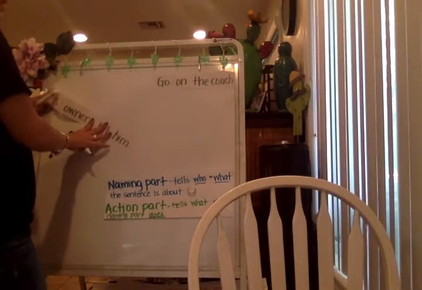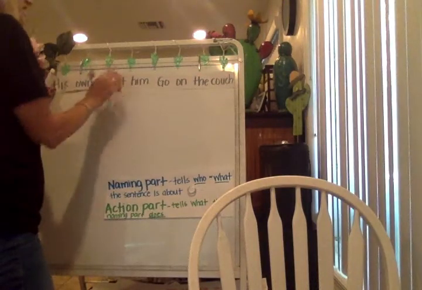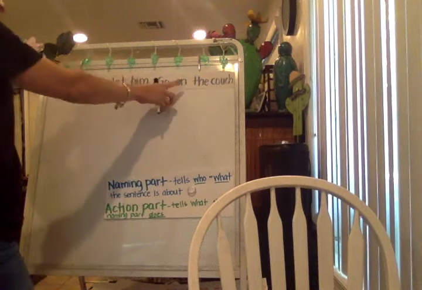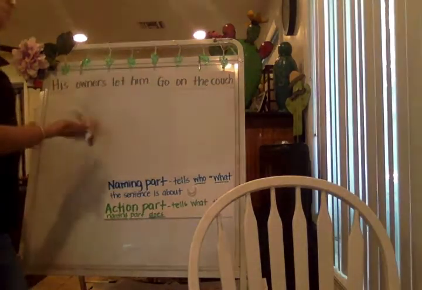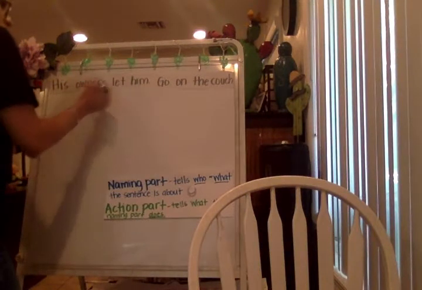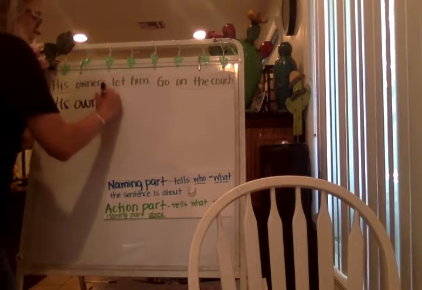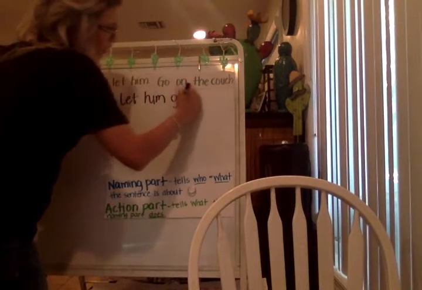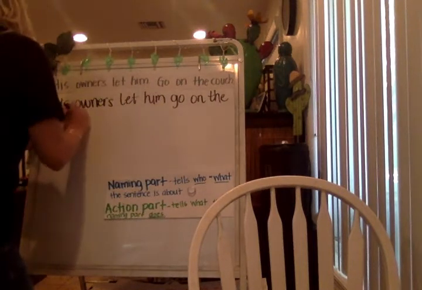If I just said go on the couch, that could be a complete sentence on its own, but this portion gets connected with this idea of what Petey does. He's allowed to go on the couch with the permission of the owners. So his owners let him go on the couch.